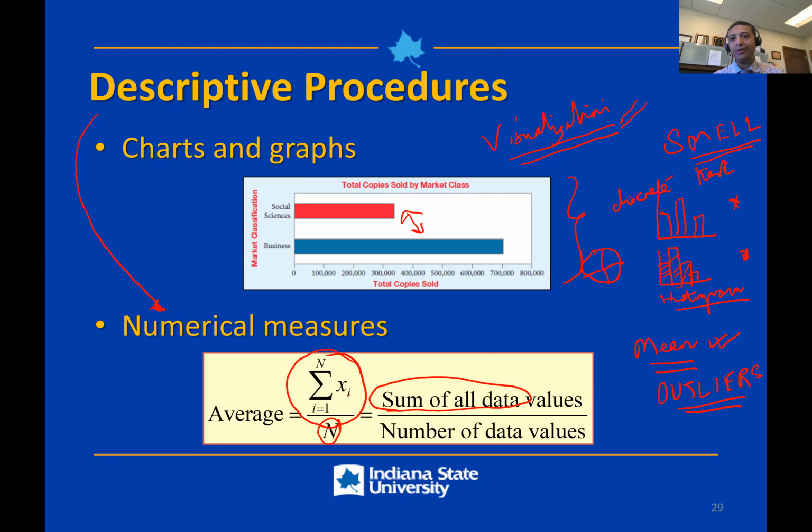On the other hand, if most of the class gets a score in the 70s and 80s, and one person gets a score of 10, then that person pulls my mean down. So outliers, therefore, also require you to decide whether you want to include the outlier in your judgment, in your reporting or not.